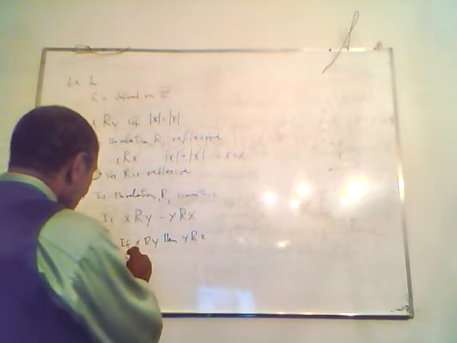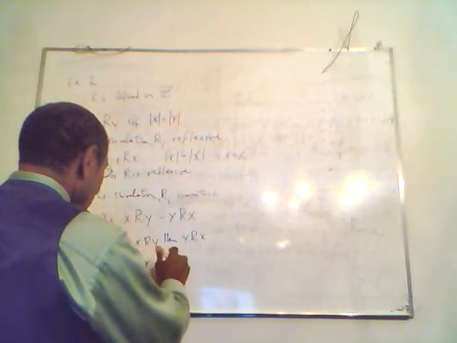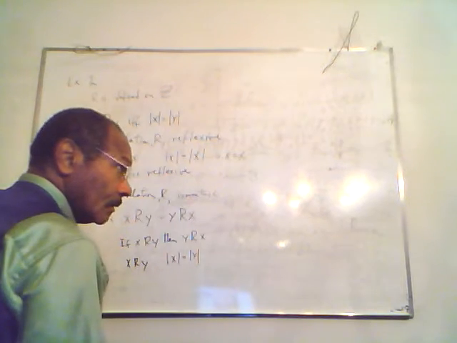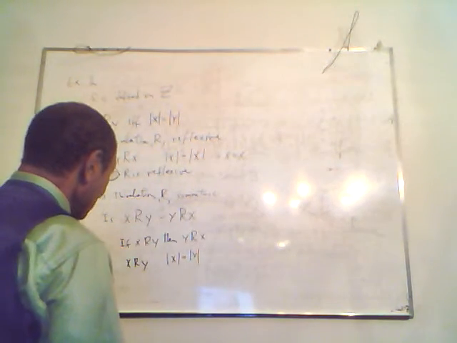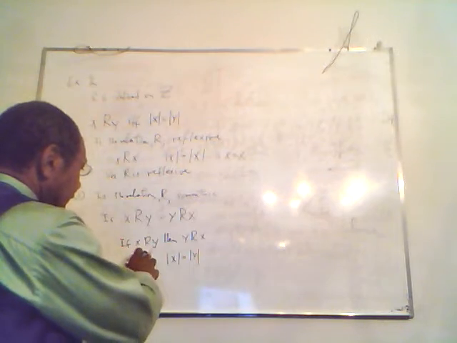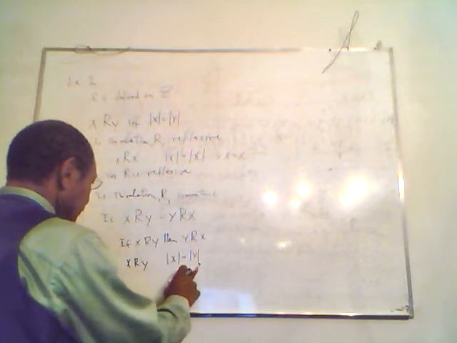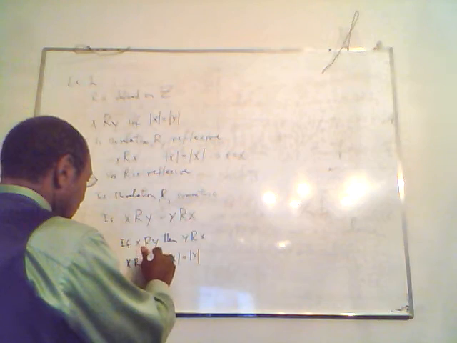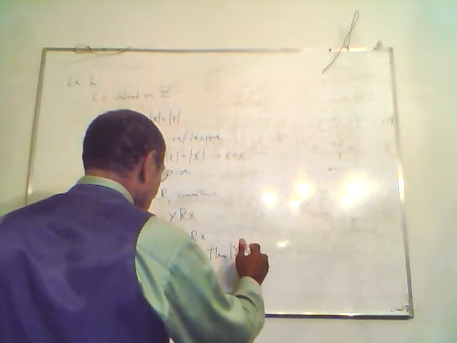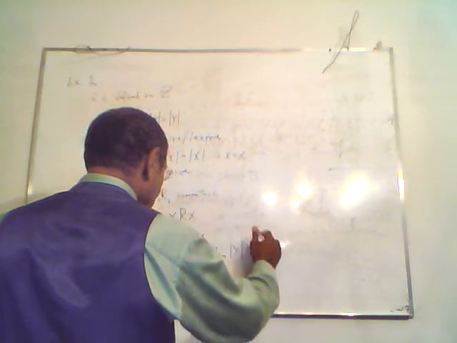Okay, we do X relation Y. We have absolute value of X equals absolute value of Y. For the first part, we're saying if this is true, does that mean that Y relation X is true?